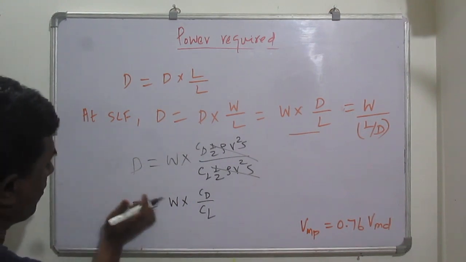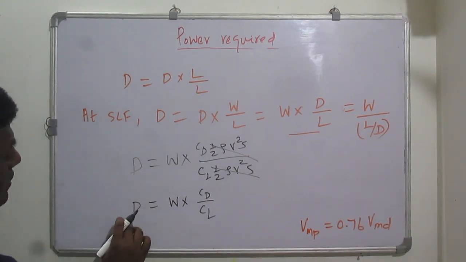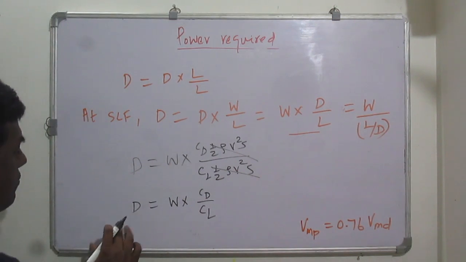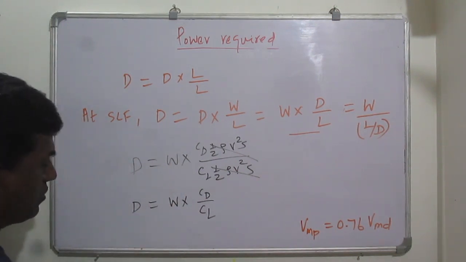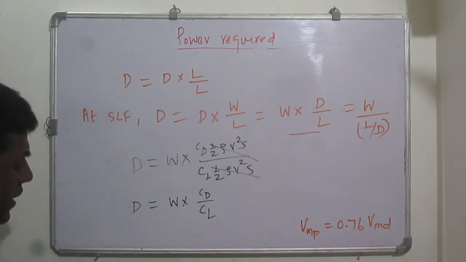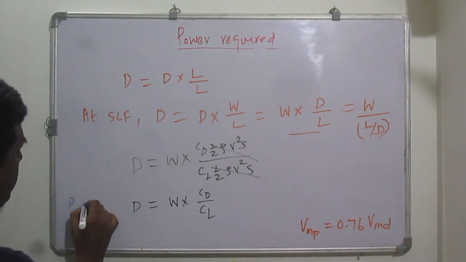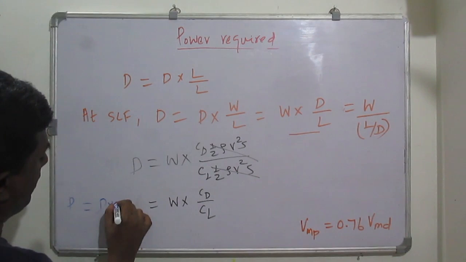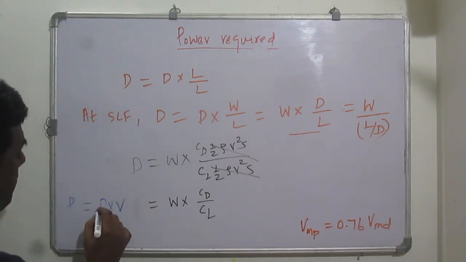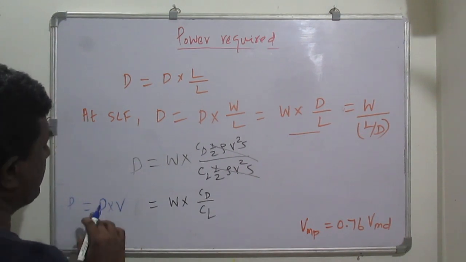Now we have to find the power, because this is only drag, as we have seen in our previous video. Power P is equal to drag into velocity. Because we multiply the drag with the velocity, we get the power.